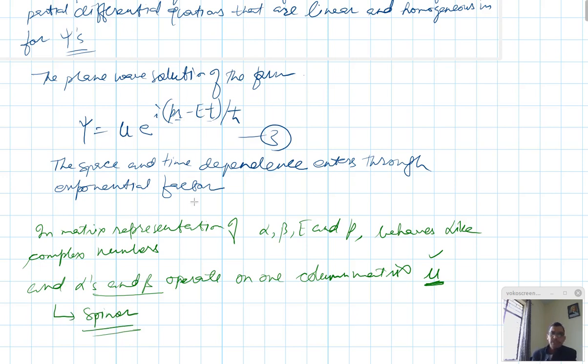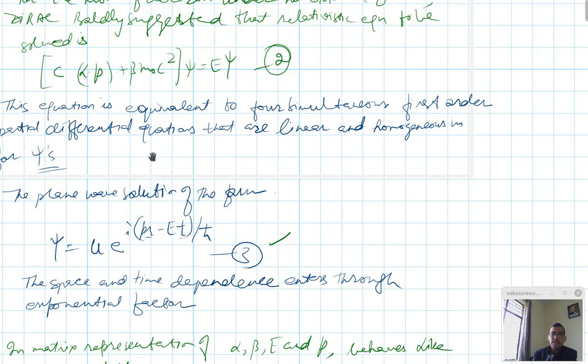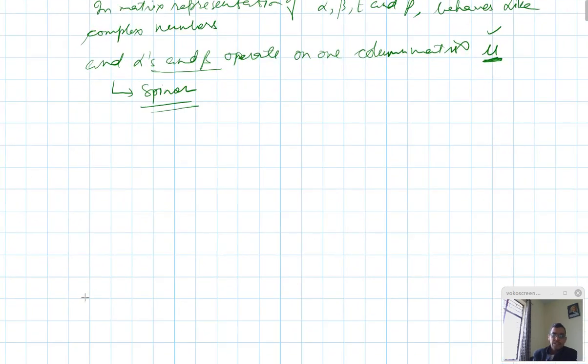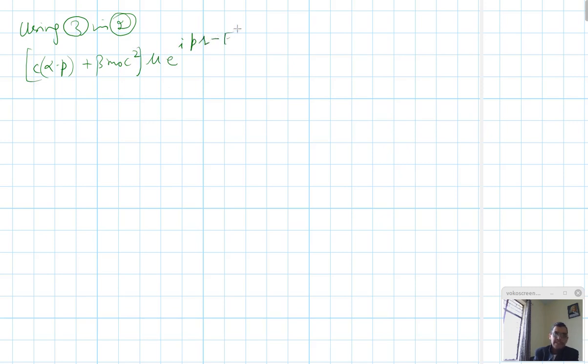So if I use equation number 3 in equation number 2, what we get is c alpha dot p plus beta m naught c square acting on u e raised to power iota (p dot r minus E t) over h cross, and this must be equal to E u e raised to power iota (p dot r minus E t) over h cross.